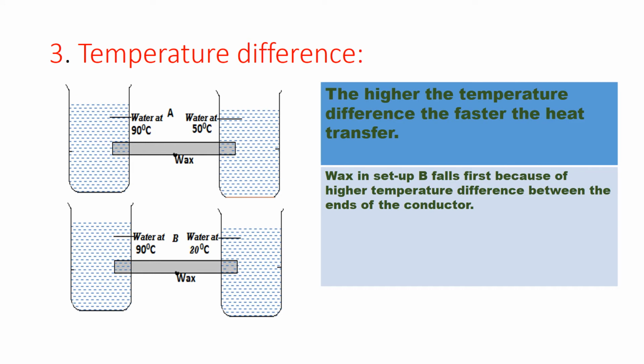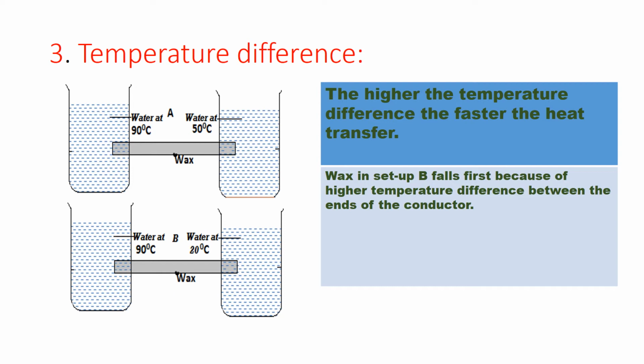The third factor that affects the rate of heat transfer is the temperature difference. The larger the temperature difference, the faster the heat is transferred. Look at the setup. If you have water which is at 90 and another one at 50, then you connect the two using a rod with wax at the middle, and then you make another setup with water at 90, another one at 20, and you connect them again with the same rod with the wax at the middle.